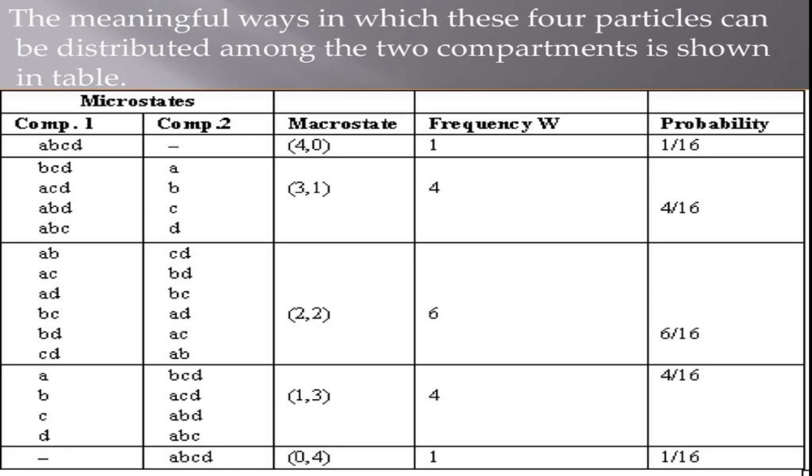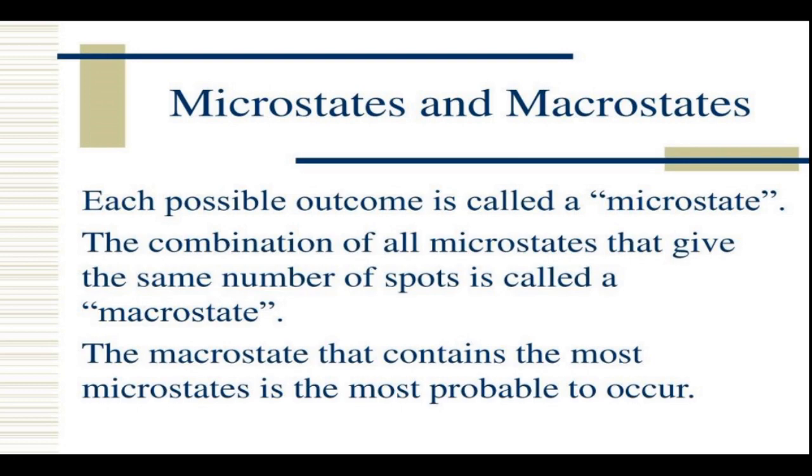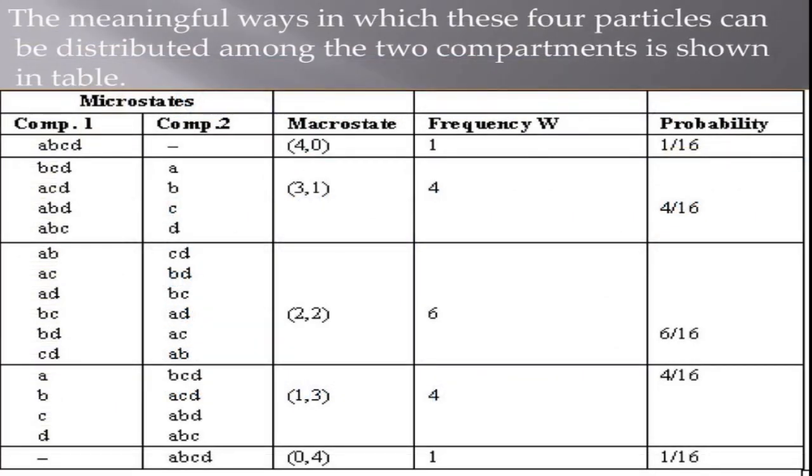For example, let's take the first arrangement. Here we have four different particles A, B, C and D in compartment 1, keeping compartment 2 empty. So this A, B, C, D is one distinct arrangement, and this one distinct arrangement is giving a unique macrostate which is 4.